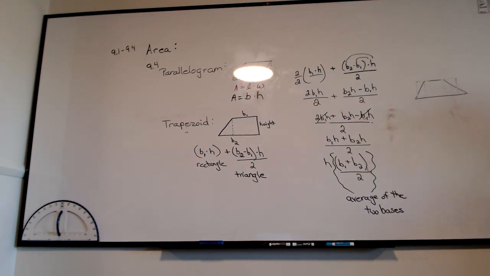So we really measure everything in terms of rectangles. If you notice, everything we've done today is we took a triangle, made it a rectangle, and cut it in half. We took a parallelogram. We made it a rectangle by shifting it over, cutting the triangle off and putting it on the other side, and we got the area for a parallelogram.